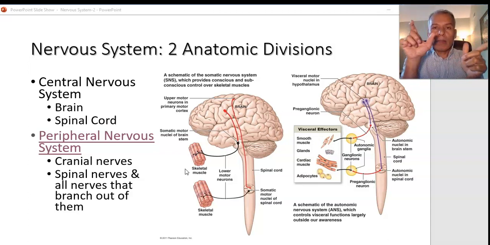And all the cables, all the wires that come out of the hard drive are similar to the spinal cord. So the spinal cord is simply a bunch of pathways going down and coming up that connect the brain with everything else.